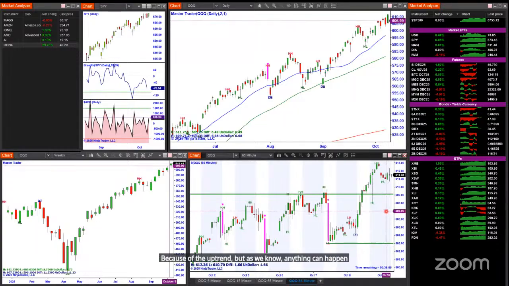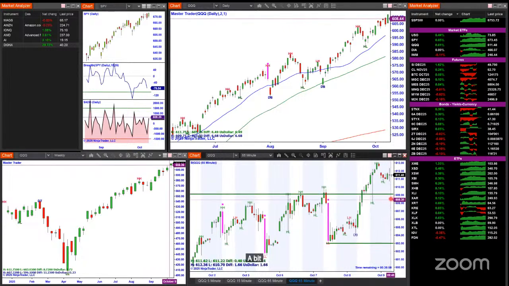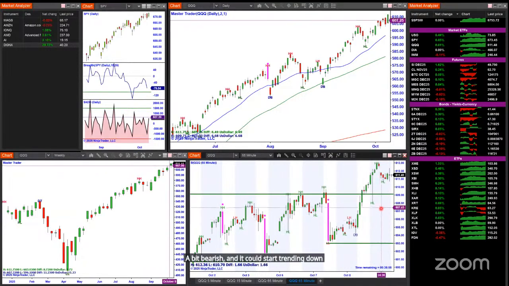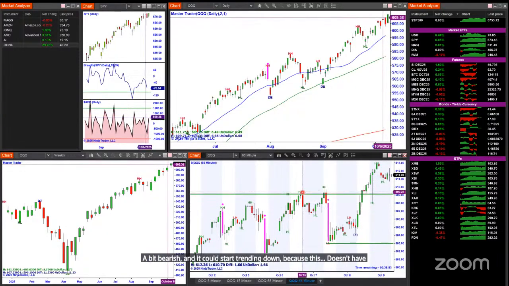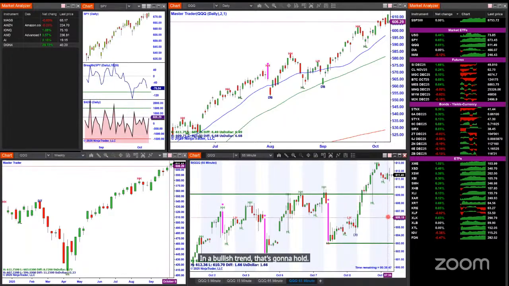And if that was to occur, you're going to see intraday that things are a bit bearish and it could start trending down because this doesn't have any support. But this is what we call minor support. And in a bullish trend, that's going to hold. But it does have a void of support.